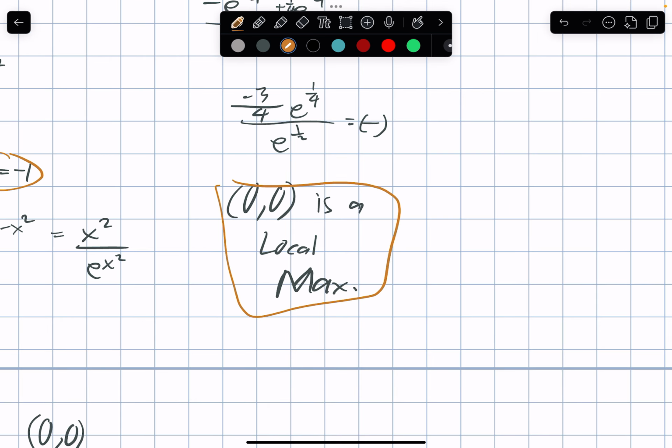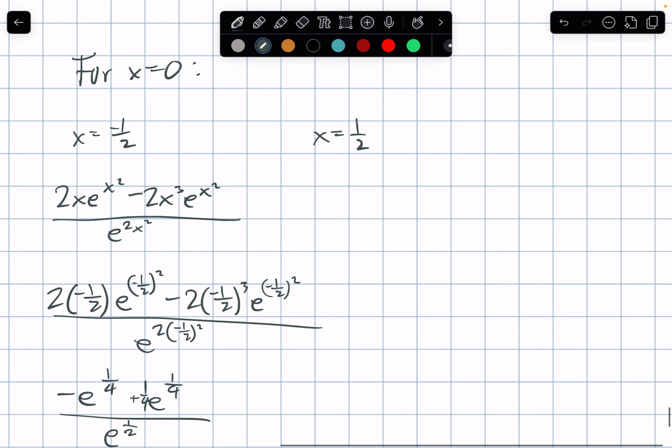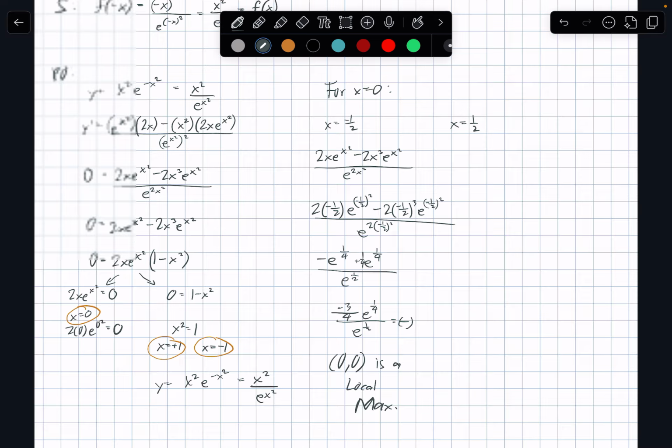How do you know that it's a local maximum? That's because we have a negative value. If it's negative, then wait. My bad. I was thinking about the second derivative test. That's the reason why we have x is equal to 1/2.